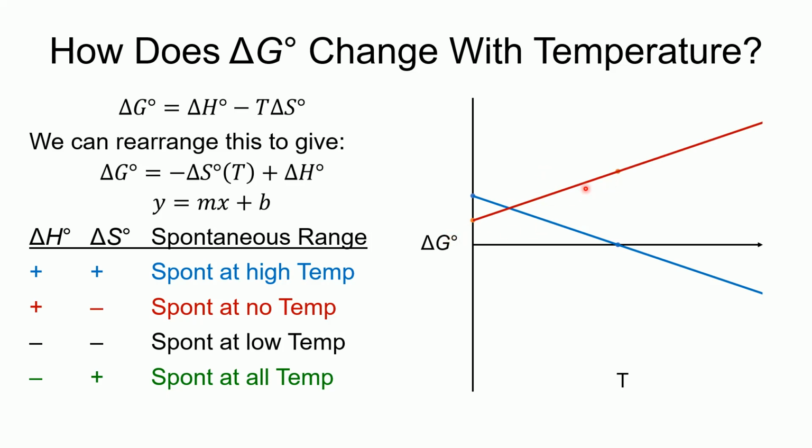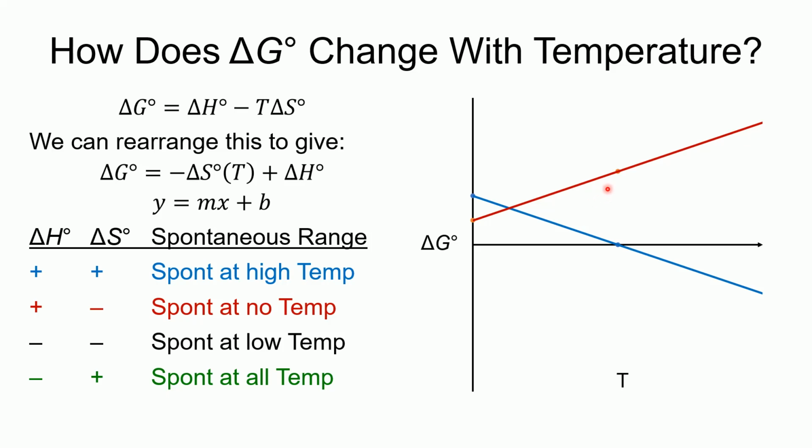You'll notice that that line is never going to be below the x-axis. And so we're never going to have any quantities of delta G that are negative, meaning that at no temperature will this reaction be spontaneous. So it is spontaneous at no temperatures. That's why I chose red for that one, because it's not going to be spontaneous at any temperature.